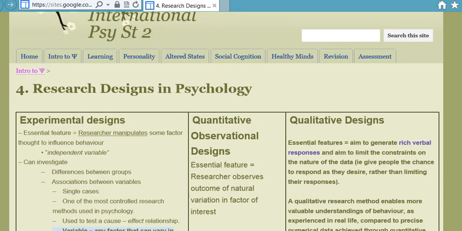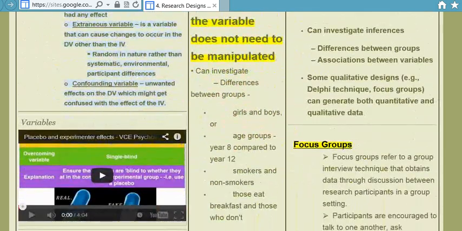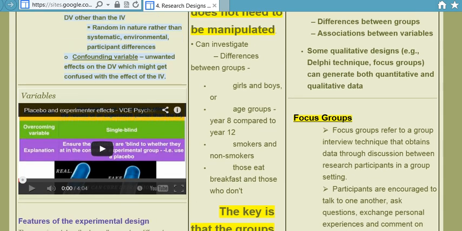The qualitative design focuses, via focus group or Delphi technique, on differences between groups and association between the variables. And of course, although they're called qualitative designs, they can gather quantitative and qualitative data.